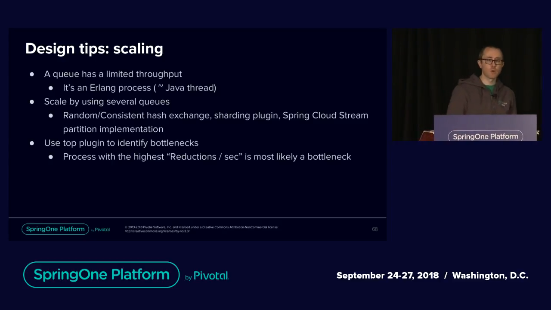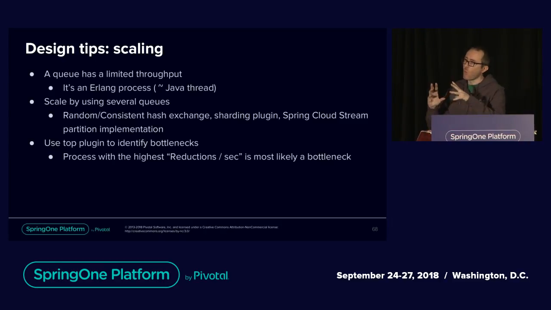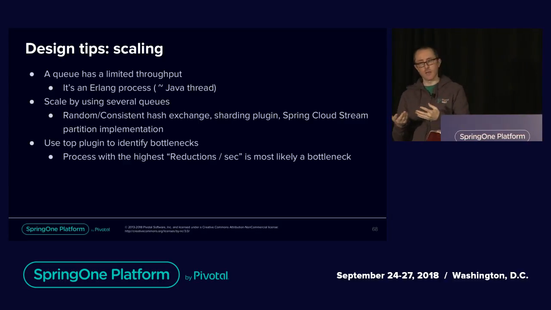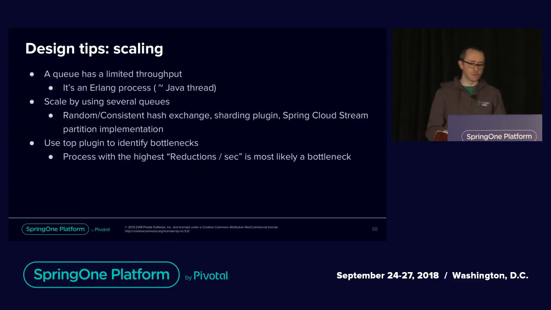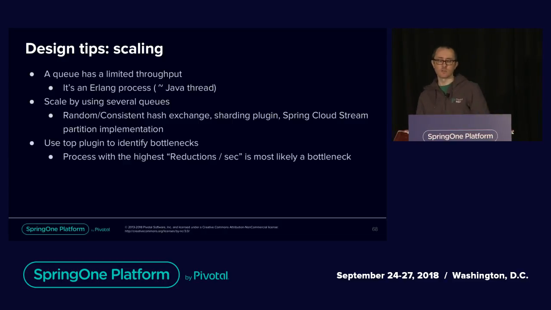There's also the sharding plugin, which presents one big queue, which is actually logical and backed by real queues. And you can also look at Spring Cloud Stream, which provides a partition implementation that performs as well as the other native or plugin solutions.